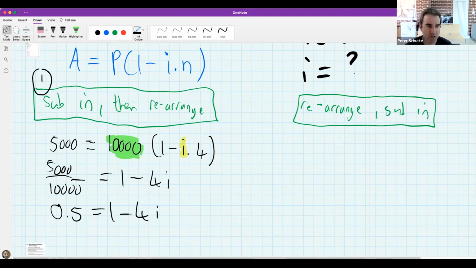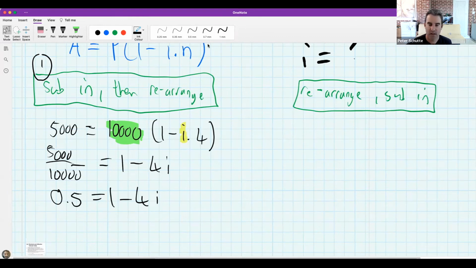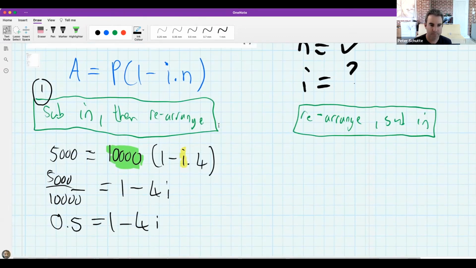Okay, Tando Wetu, what's your question? Good afternoon, sir. My question is, when we're dealing with simple interest, it's different from depreciation, from decay. So does that mean that the value of P will always be bigger than the value of A? That's a good, yeah.